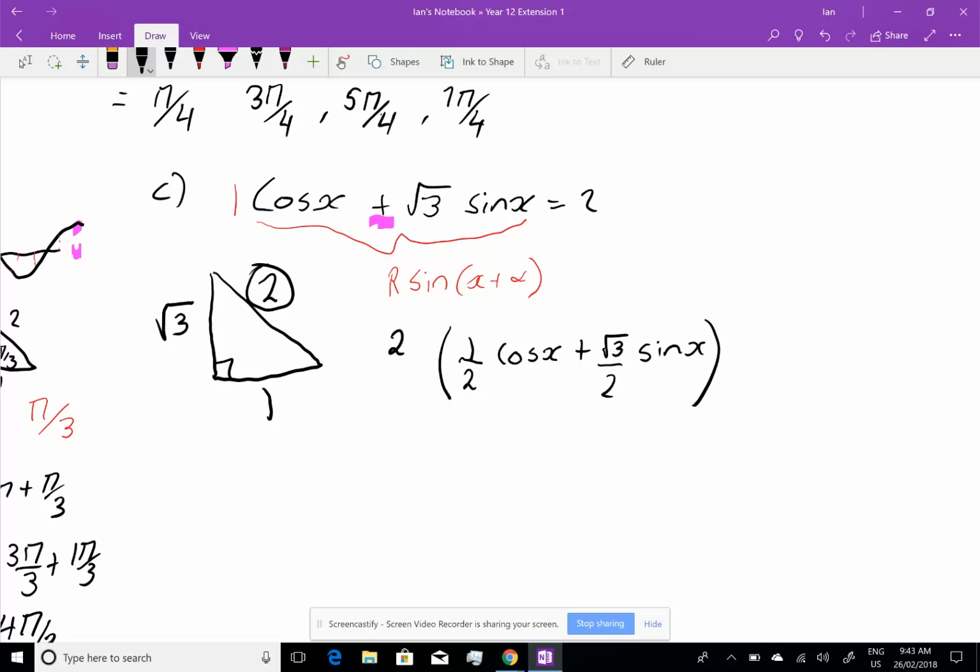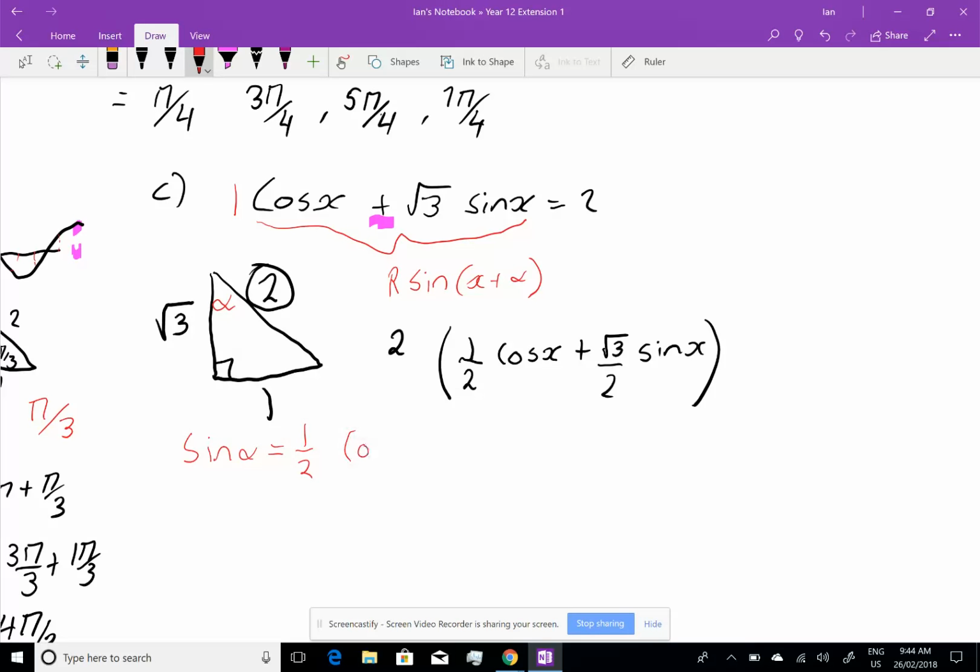And the whole point here is I'm trying to express this whole thing as one trig ratio, which I can solve. Now, from this little triangle over here, I want that half to be a sine. So this angle here, I'm going to call alpha. And now I know that sine alpha is opposite over hypotenuse, which is 1 on 2. So now I can represent that half as sine alpha.